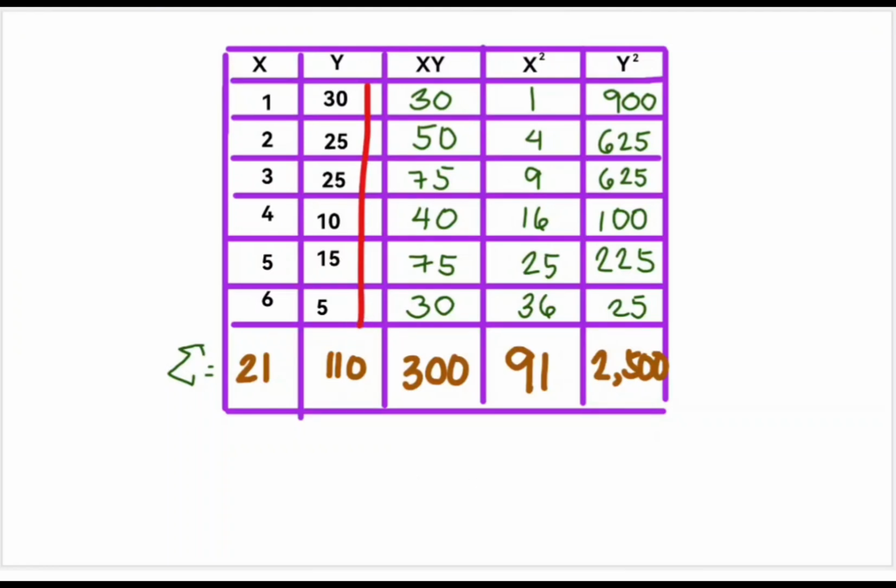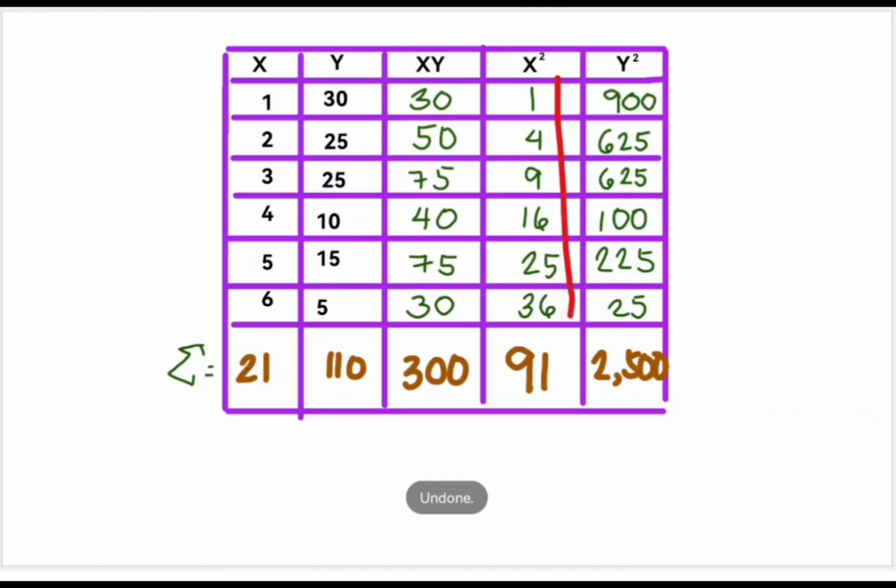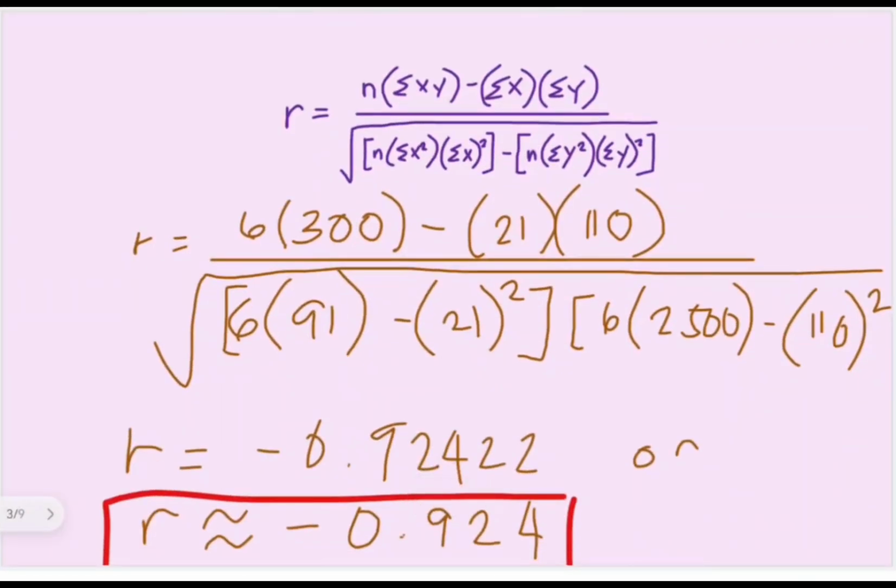This one will result to 110. 30 plus 50 plus 75 plus 40 plus 75 plus 30 is equal to 300. The sum of these numbers is equal to 91. And these numbers is equal to 2,500.